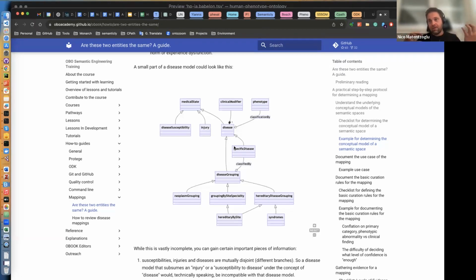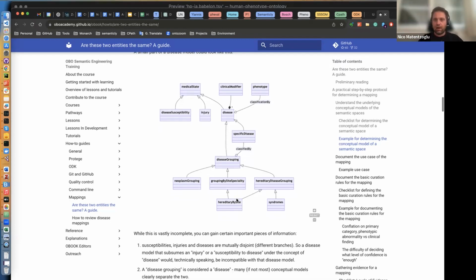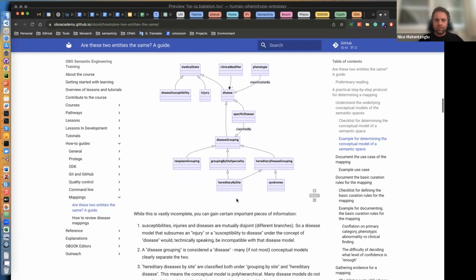So let's say someone gives you the task, align your ontology with ICD-11. You would first have to research and figure out that there is a semantic core underlying this, and you can get a better sense of what their disease model is by looking at that core, which also has polyhierarchical elements as far as I remember.